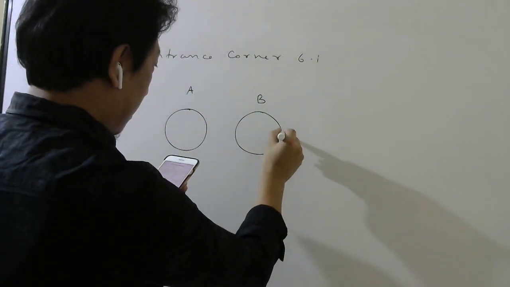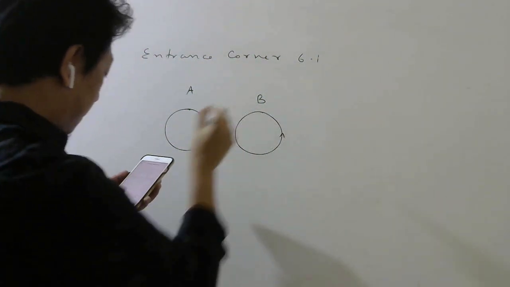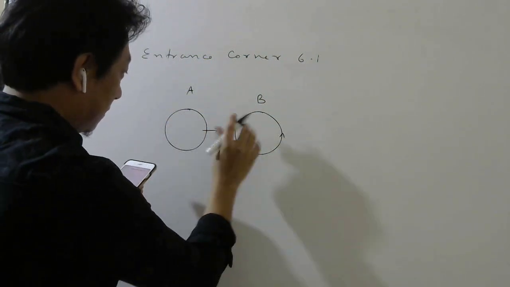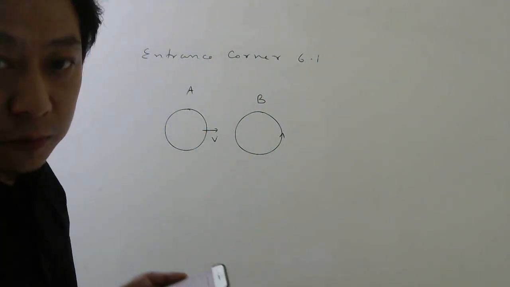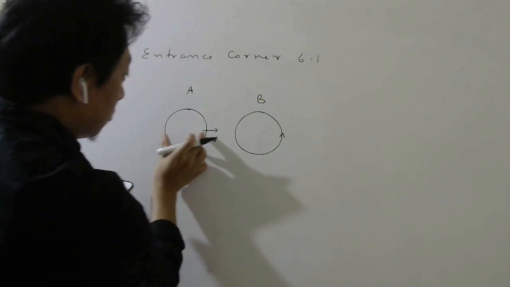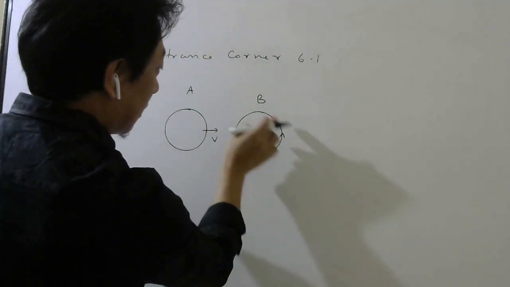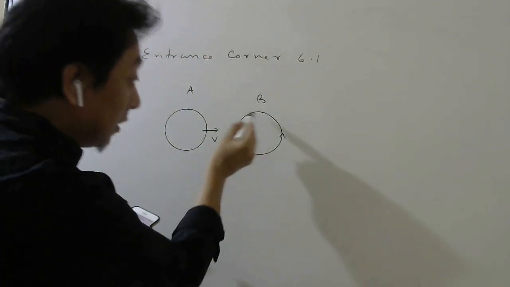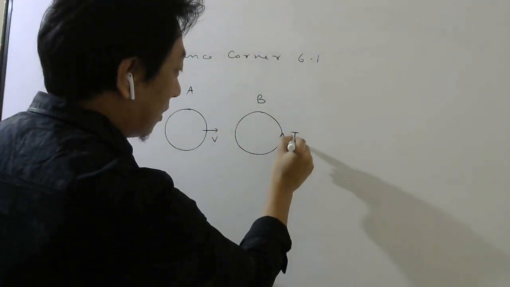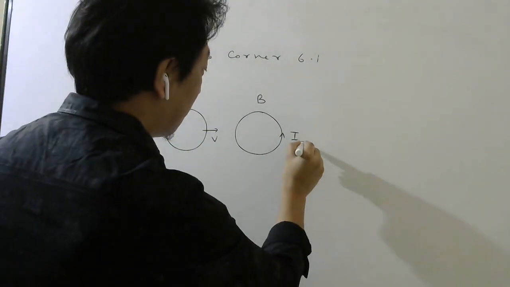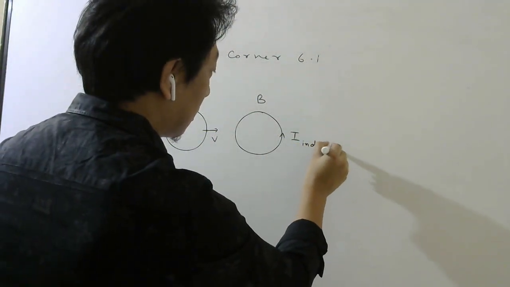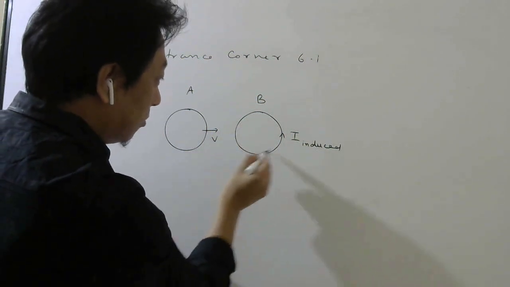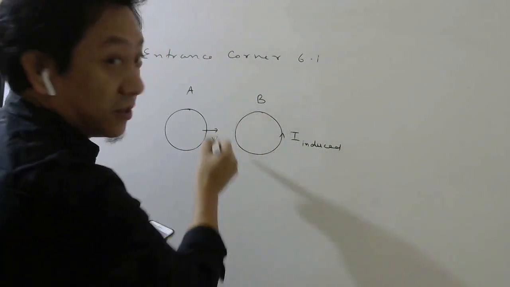This current starts flowing when A is moved towards B with some velocity, which they have not mentioned. When this is moving this side, current here is induced. So this is your induced current. What they have given you is the induced current. So when this is moving like this, current here is induced this way, anti-clockwise.